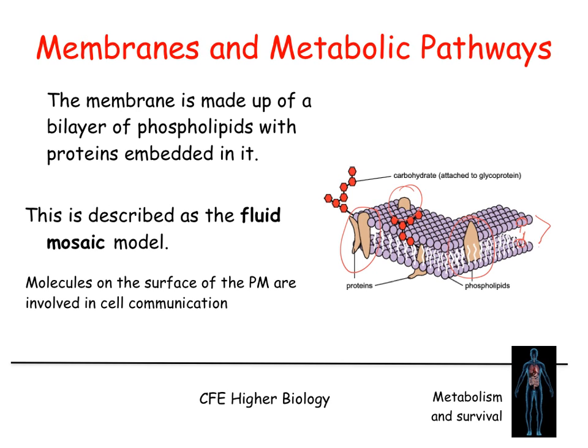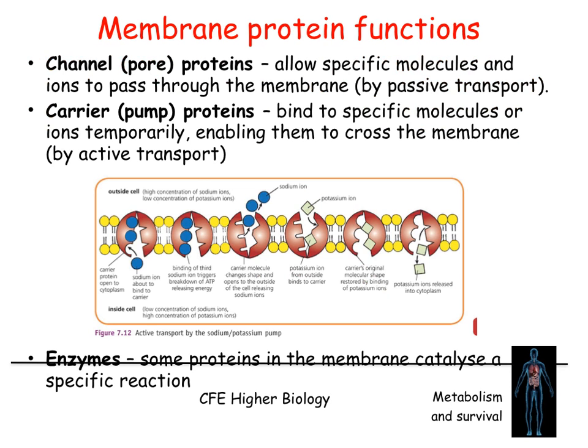So I've mentioned before that substances can diffuse in and out of the membrane, but there's also a job the proteins do on the plasma membrane, and the different roles that they provide. If you've got large molecules, they're dependent on proteins to let them move across the membrane.